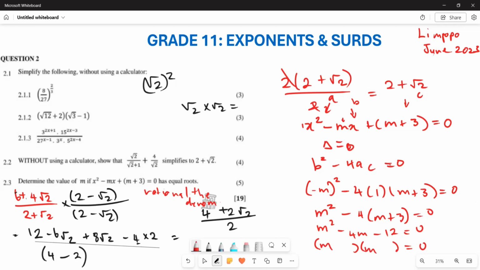It's going to be 2 and 6, where 6 is going to be negative and this is going to be positive, which means your m is going to be equal to negative 2, and also your m is going to be equal to 6. But now, if you substitute the values of m as negative 2 and also 6, you are definitely going to find your answers, right?